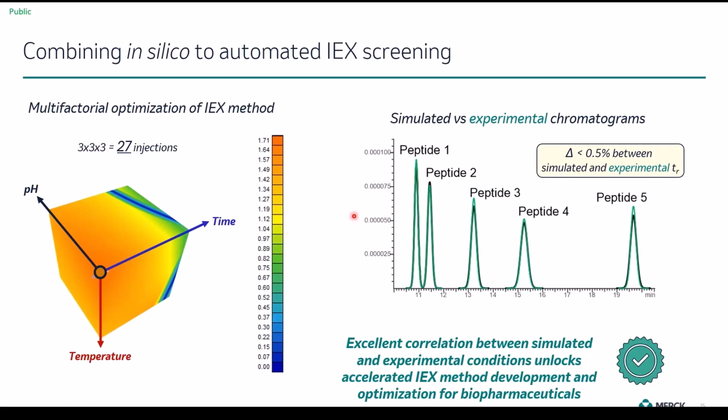This is something that we can easily do with modeling tools such as LC simulator system software. As we can see here, we were able to do a multifactorial optimization of our ion exchange method. By simply performing only 27 injections, we were able to model pH, time, and temperature, but we can also model other parameters if we need to.